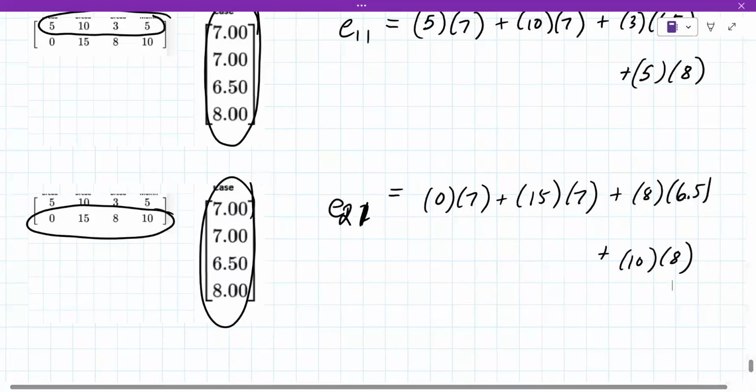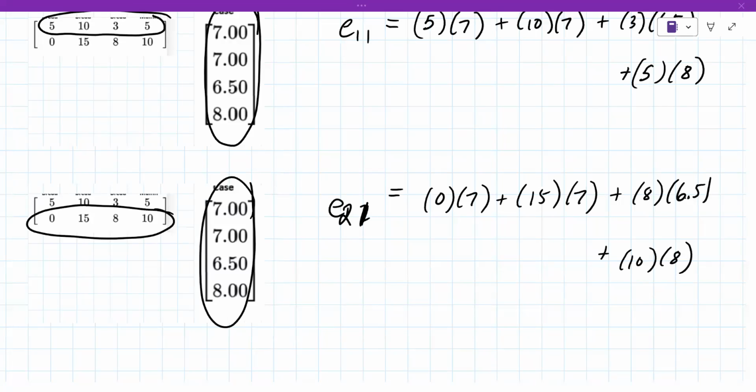Because I don't want any calculation errors, I'm going to use the computer here. You can use a calculator if you want, but we're going to multiply these together: 7, 7, 6.5, and 8.